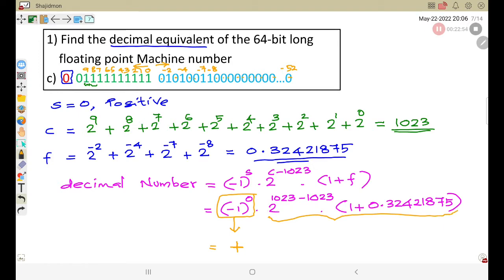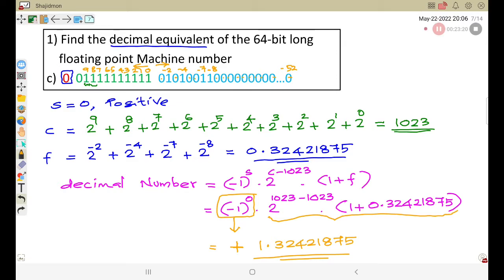Here see, 2 power 1023 minus 1023 becomes 2 power 0, and 2 power 0 means it is 1. So the calculation is easier: 1.32421875.